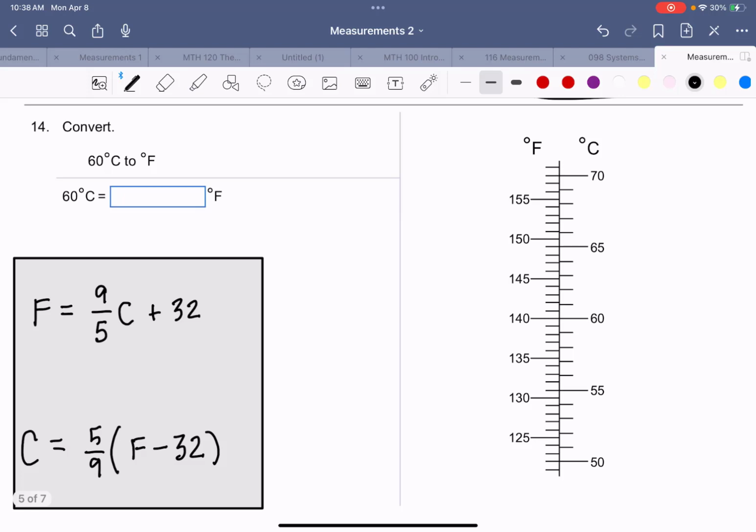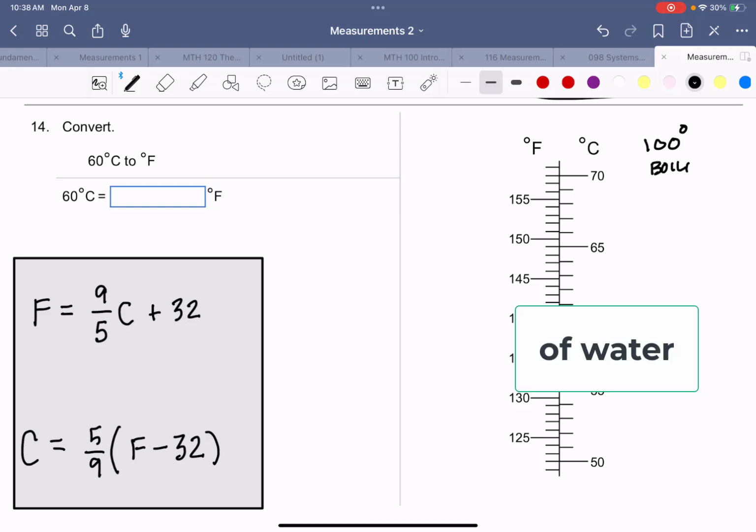Example 14, 60 degrees Celsius to Fahrenheit. Well, one of the things to remember is that the boiling point in Celsius is 100 degrees. And 0 degrees is freezing.